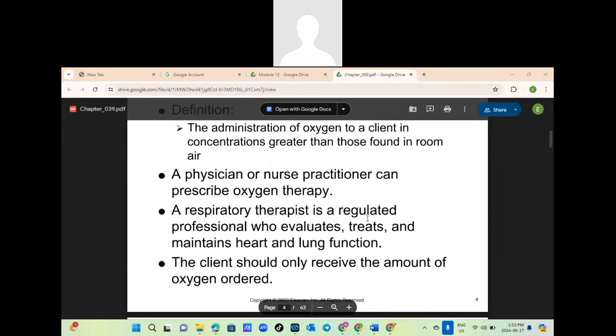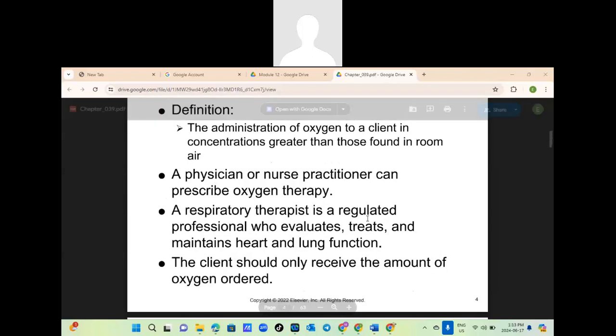For example, in my practice, the doctor will prescribe oxygen when my resident is desatting. When you say desatting, the O2 sat is below the acceptable range. Let's say 78 is the O2 sat, and the normal is 95 to 100, so that is very low.